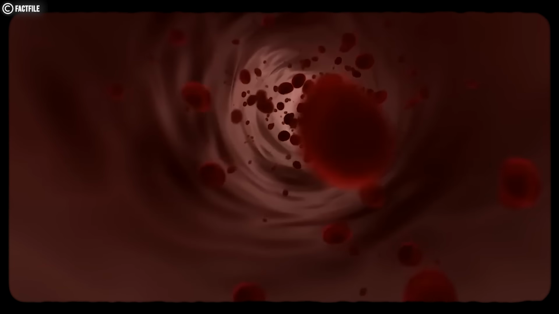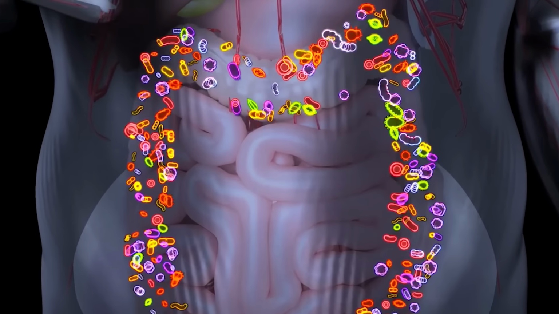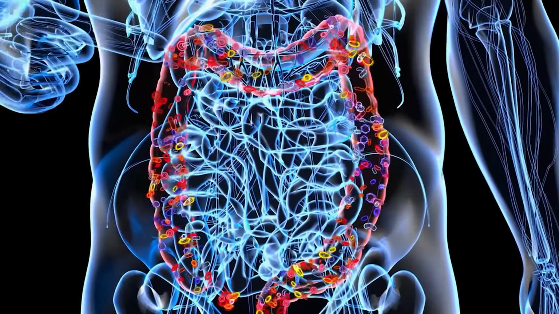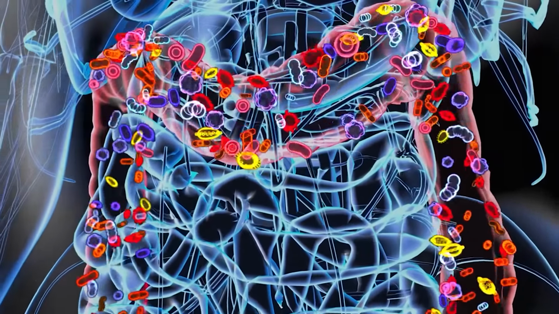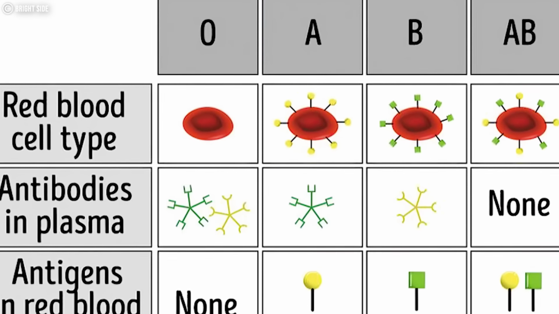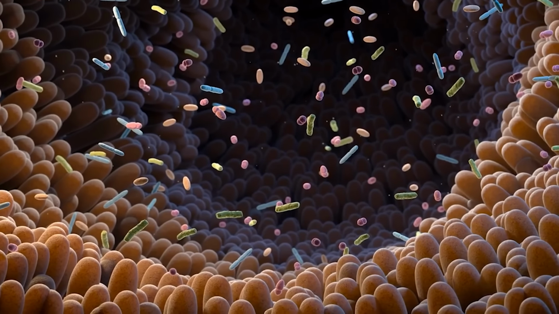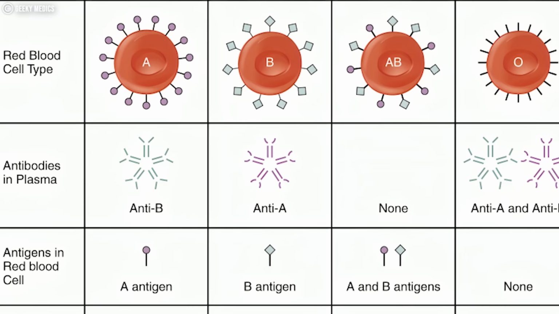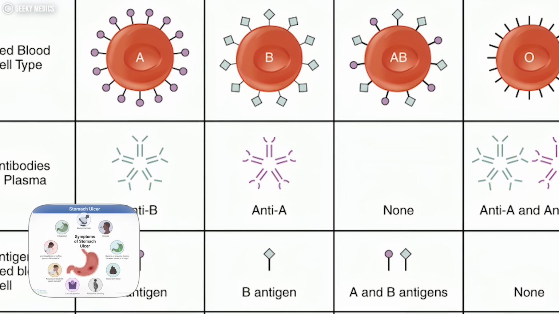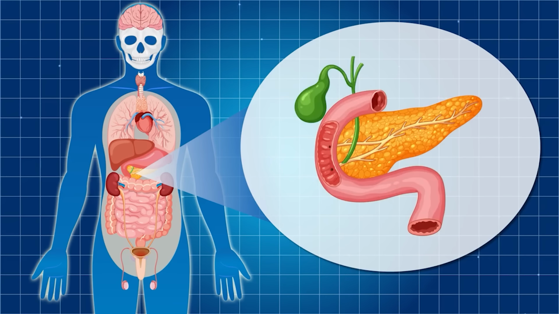Even more fascinating, AI has started mapping how O blood interacts with the gut microbiome, the trillions of bacteria living inside our digestive systems. Preliminary research suggests that O blood types may foster a slightly different microbial balance compared to A or B types, which might explain why O types are more prone to ulcers, but potentially less likely to develop certain metabolic diseases.